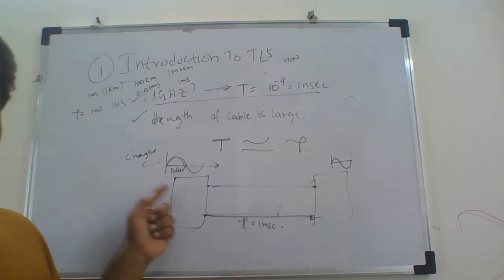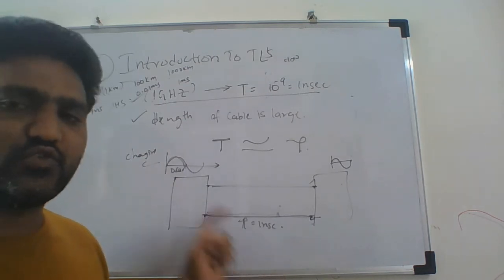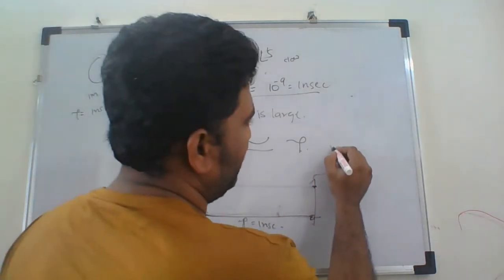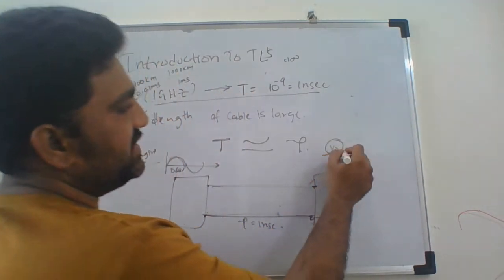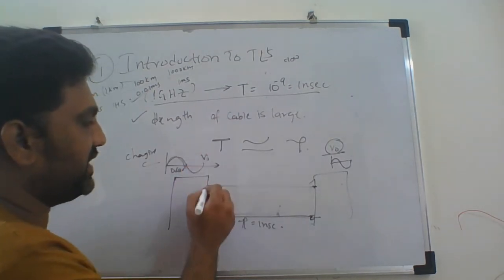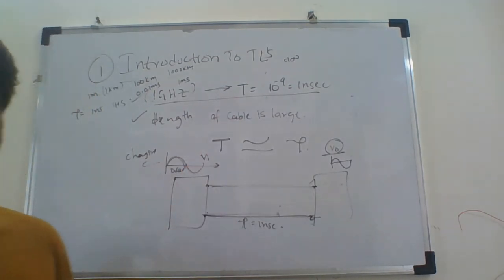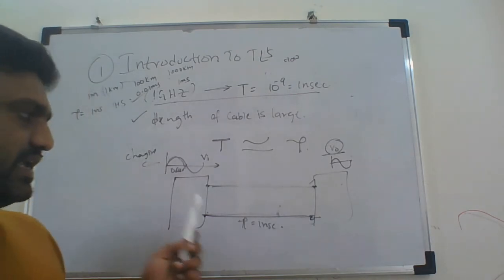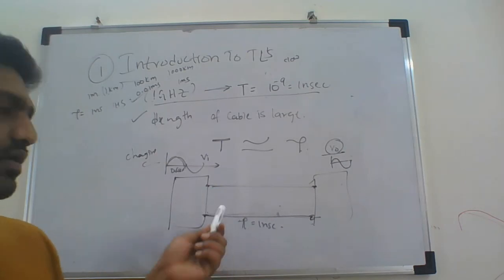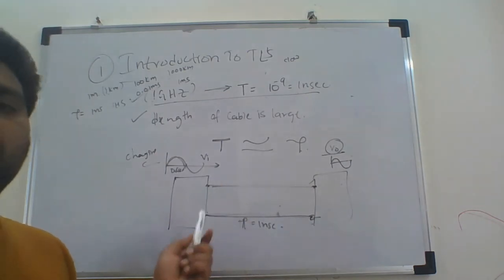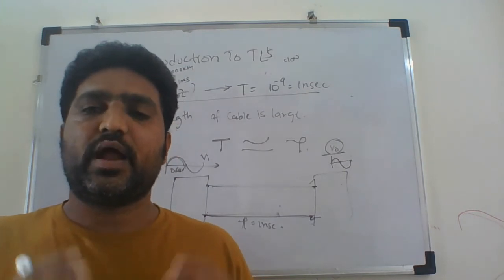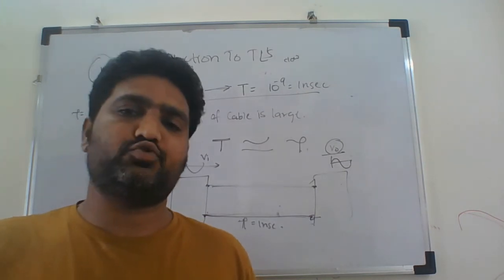Therefore, in this scenario, the V naught that we get at the output does not correspond to whatever input is available at this point. In these cases, the cables or wires that we are using for transmission also come into the picture and play a very crucial role.